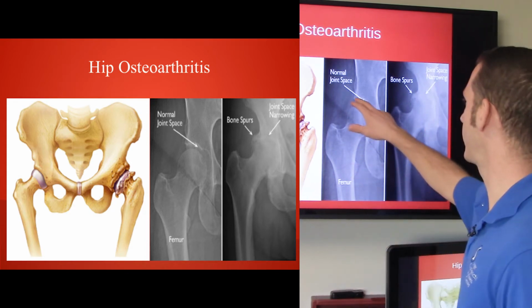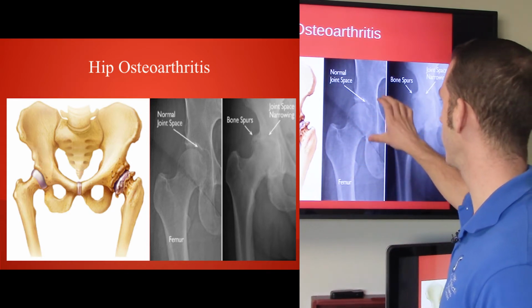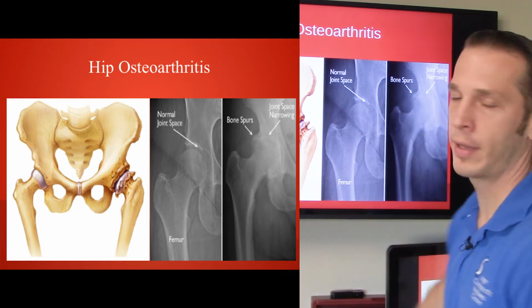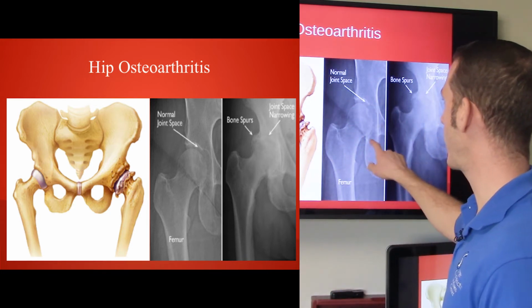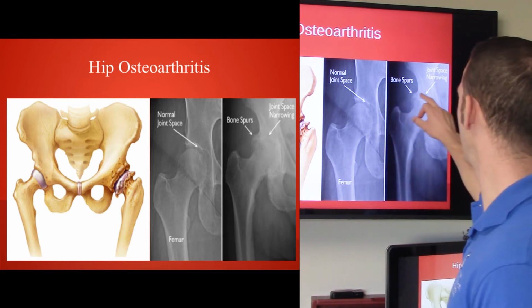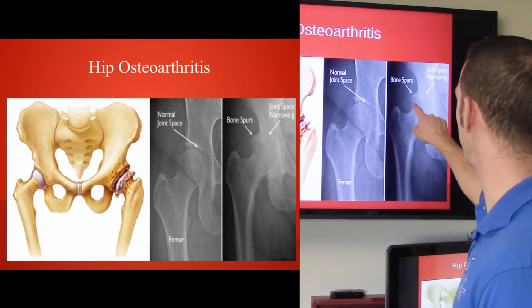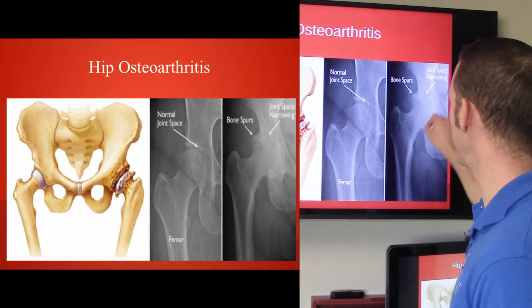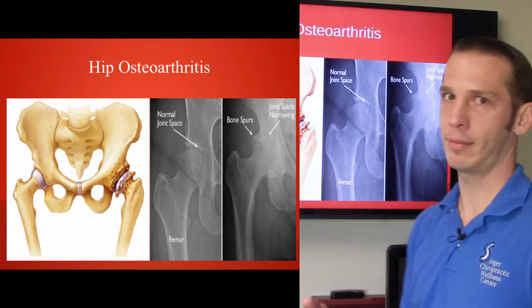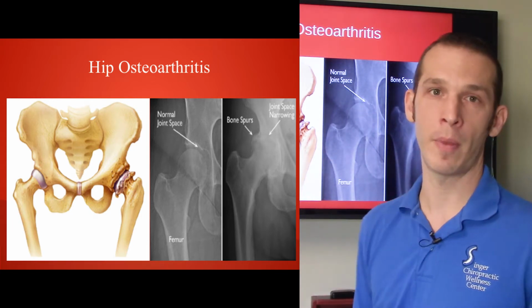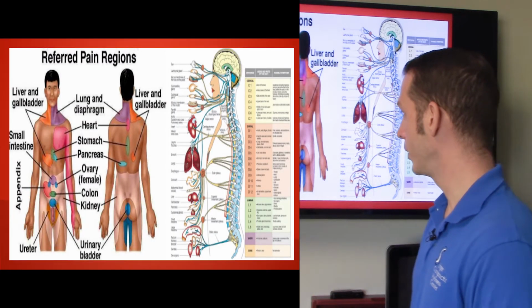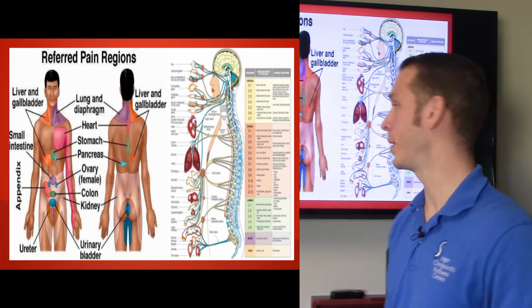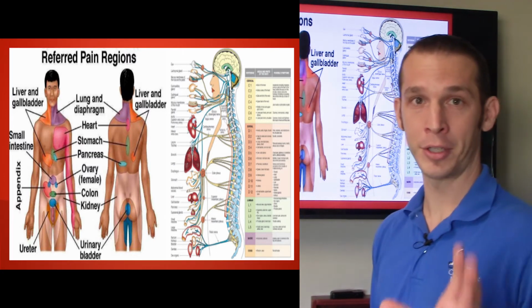Over here on this side, you can actually visualize it through an x-ray. If you're having that hip pain, you could see it has normal joint space. It's nice and open here. On this one here, you're seeing bone spur formation and joint space narrowing, which is the definition of hip osteoarthritis. I mentioned earlier, and again, we're going to talk about some solutions in a second. So I want you to make sure you stay tuned for those.